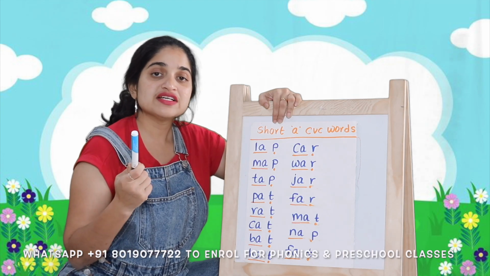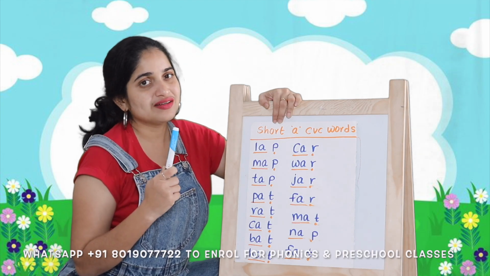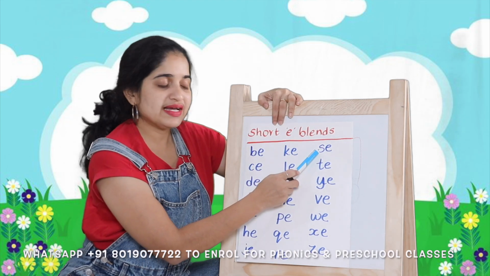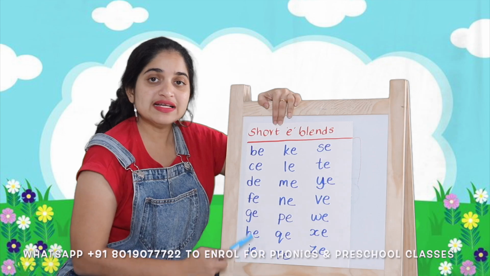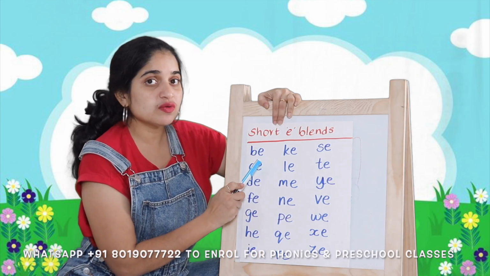Next we have the short E vowel. Short E blends. So make a chart of short E as well. And the blends are here. Consonant vowel blends.